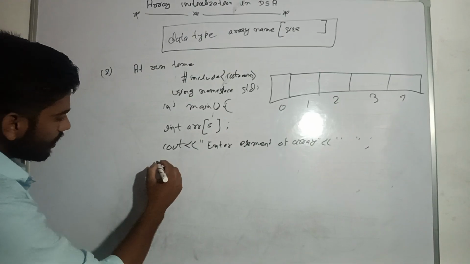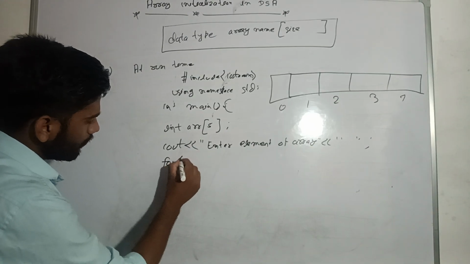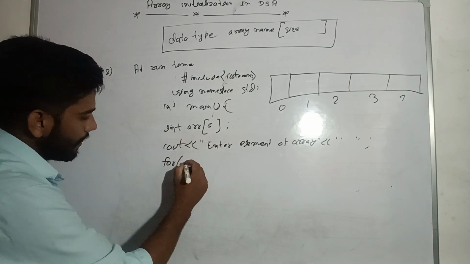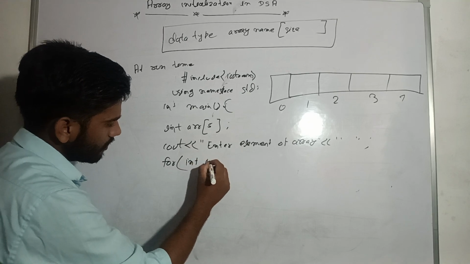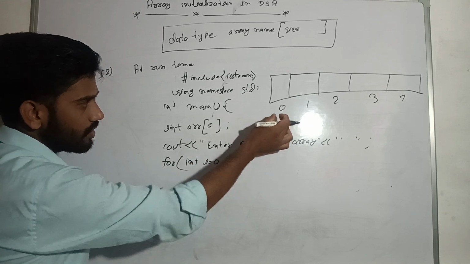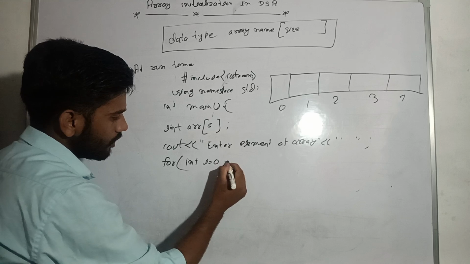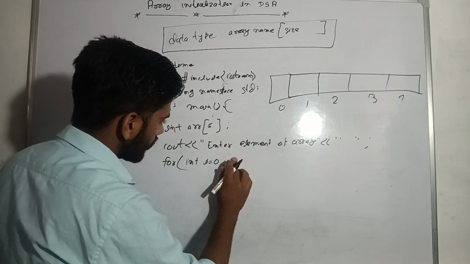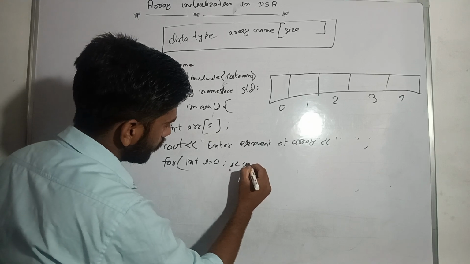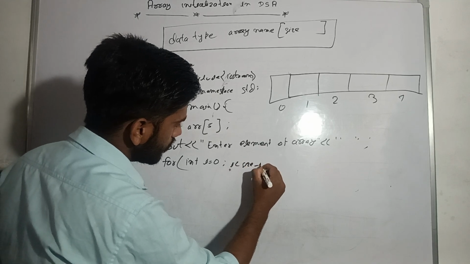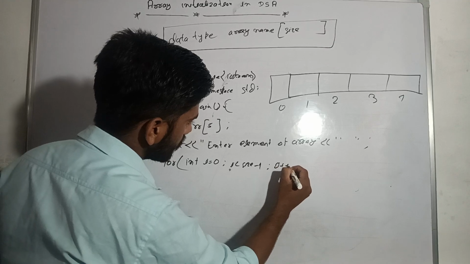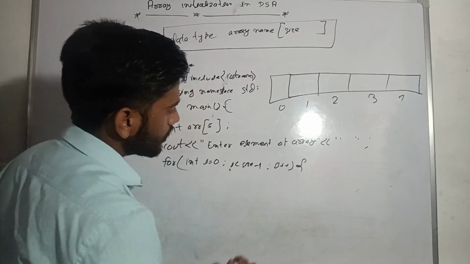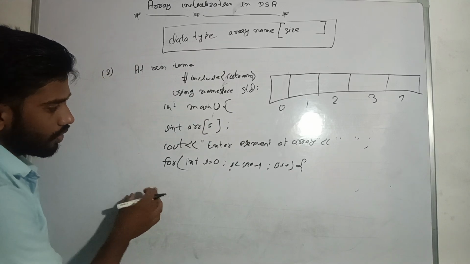Now using our for loop we can initialize the array. Now integer iterator should start with 0, and up to where it will go? I should go to size minus 1, and i plus plus. I assume that you are familiar with the for loop.